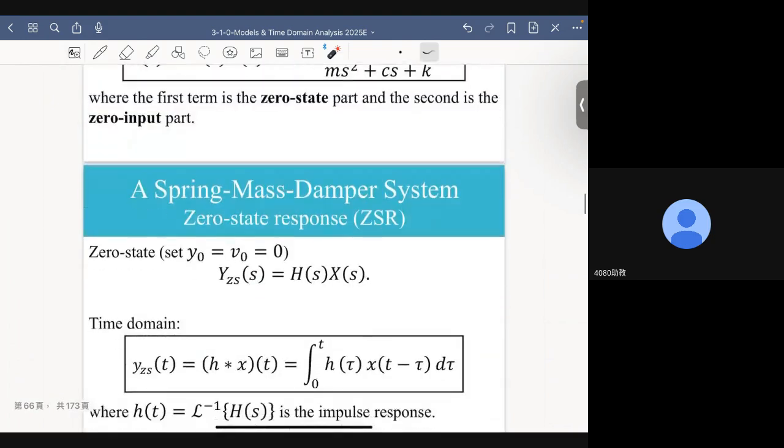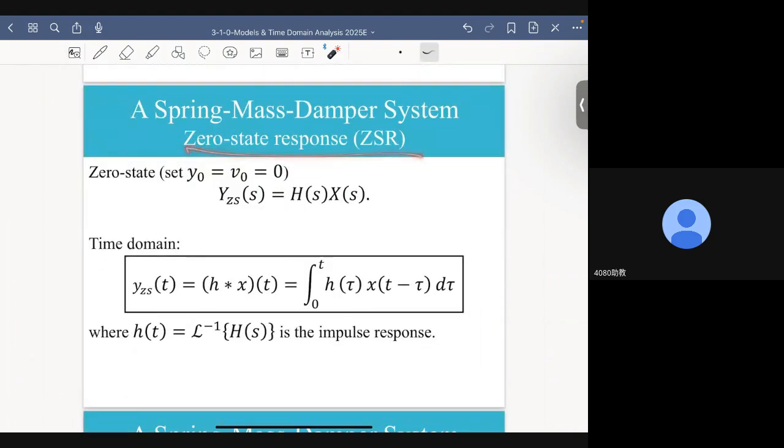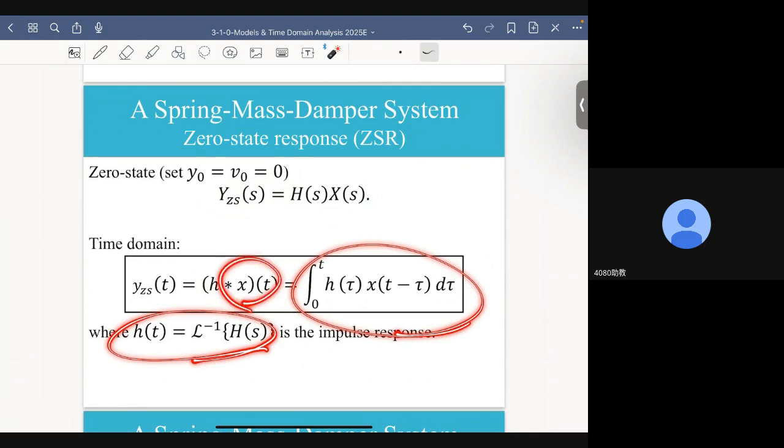Okay. And for the zero state response, we already know that by taking the inverse Laplace transform of the product of H(s) and the input, this is what we'll get, which is the convolution integral of the impulse response and the input. All right?